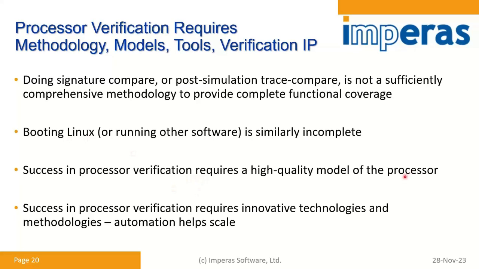You really need a good processor model, and you need a good methodology, which includes things like functional coverage, and you need to have automation to get the job done very quickly. And as was talked about by the previous speaker, automation is going to be needed more and more in helping build the DV environments that we've got going on.